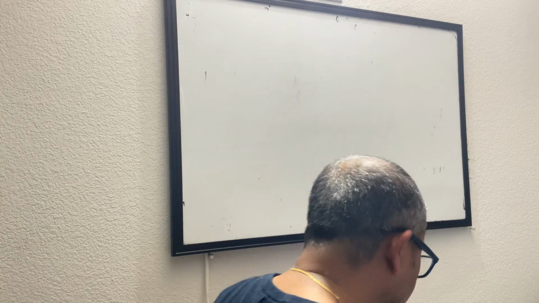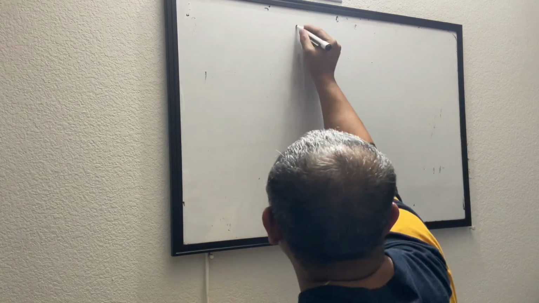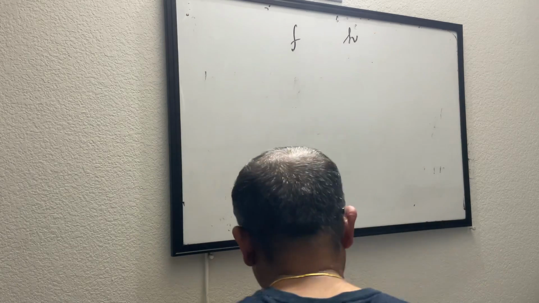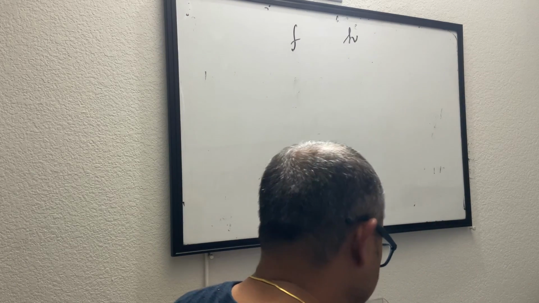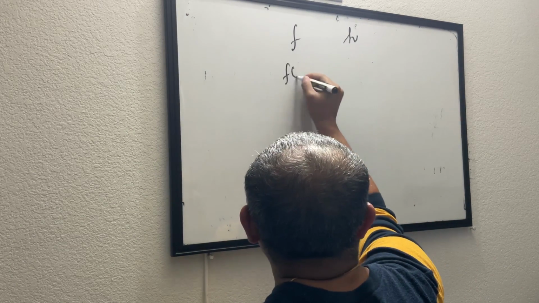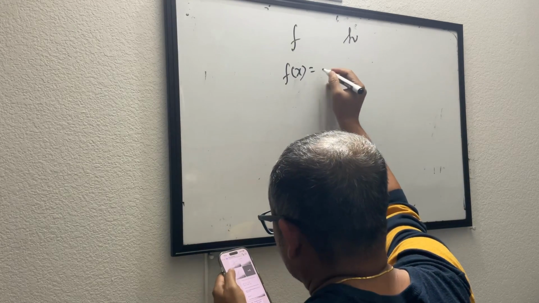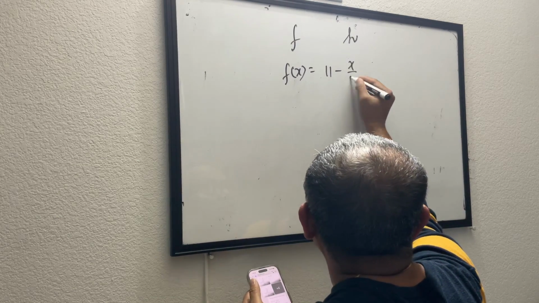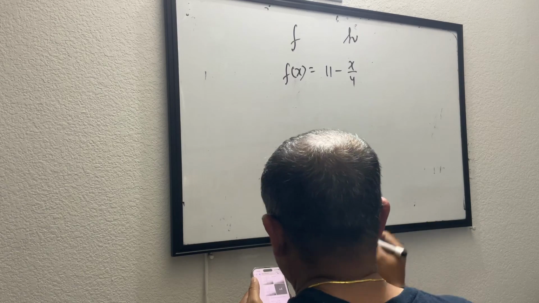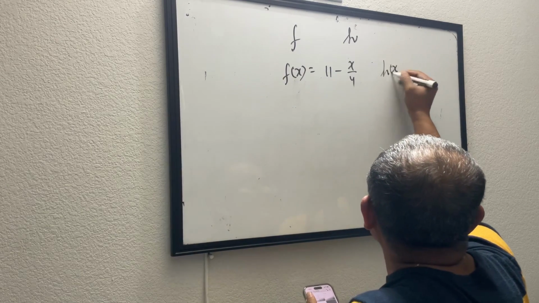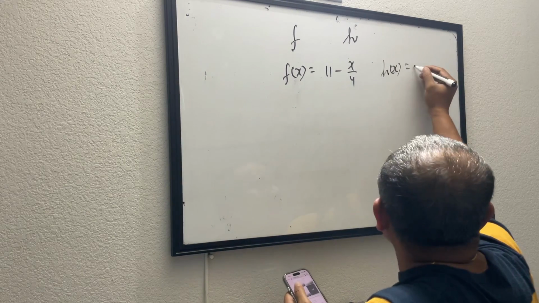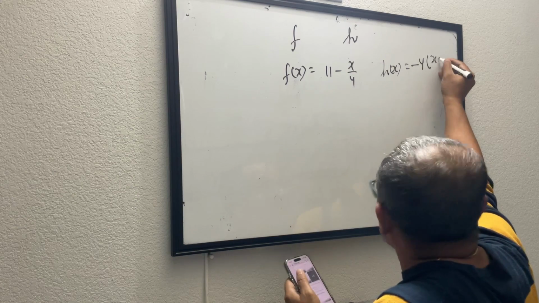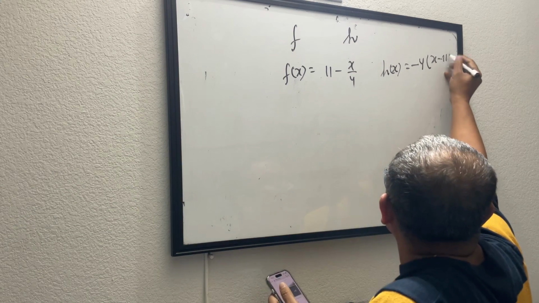It says function f and h are invertible functions. That's what we are told. Where f of x is equal to 11 minus x over 4, and h of x equals minus 4 times x minus 11.